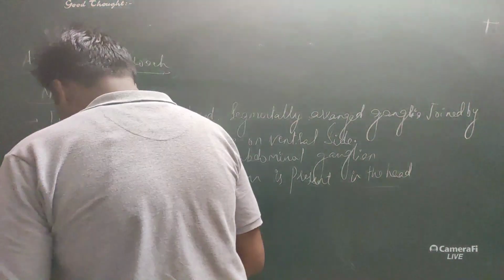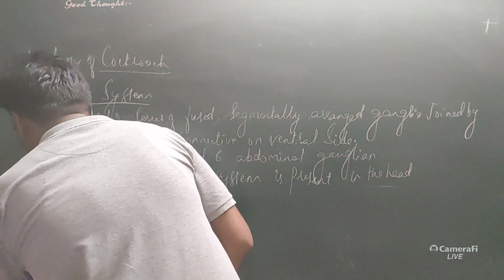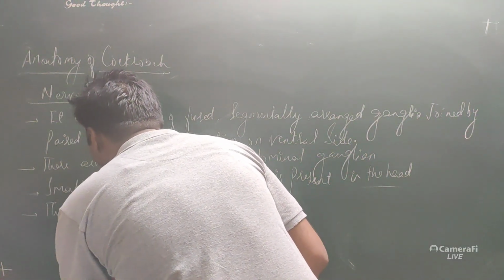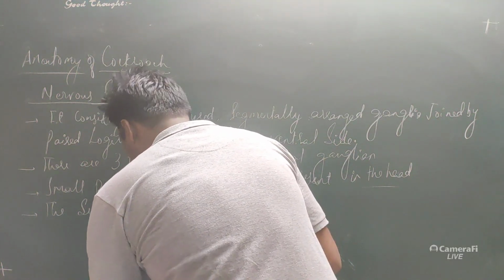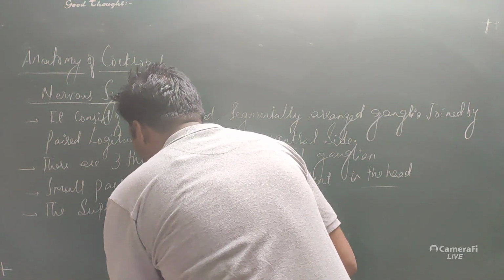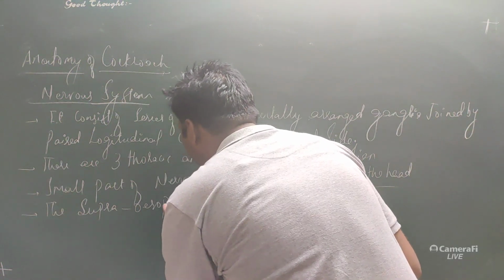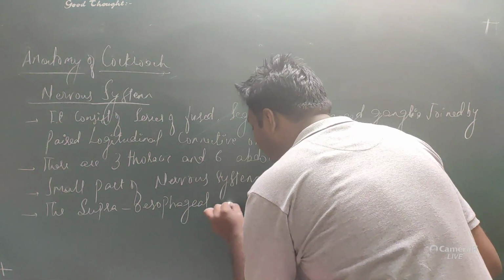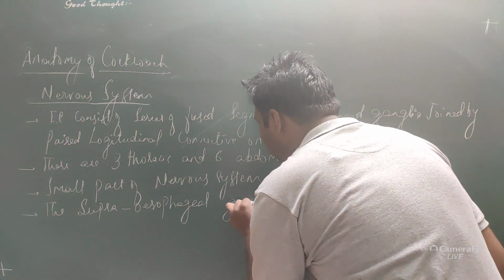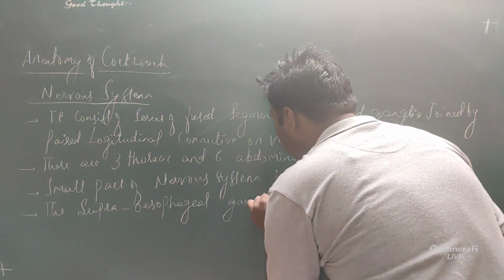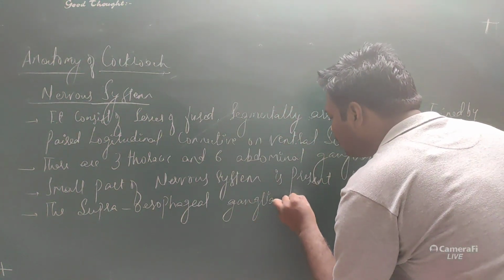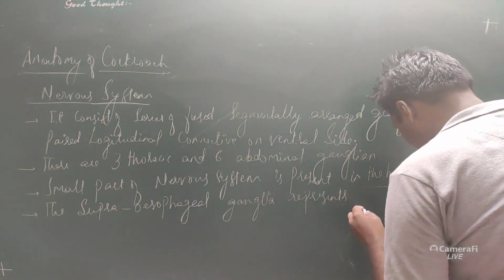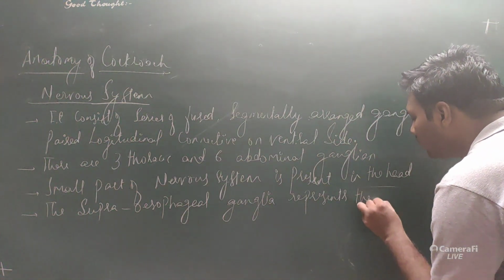The next, the supraesophageal ganglia represents the brain.